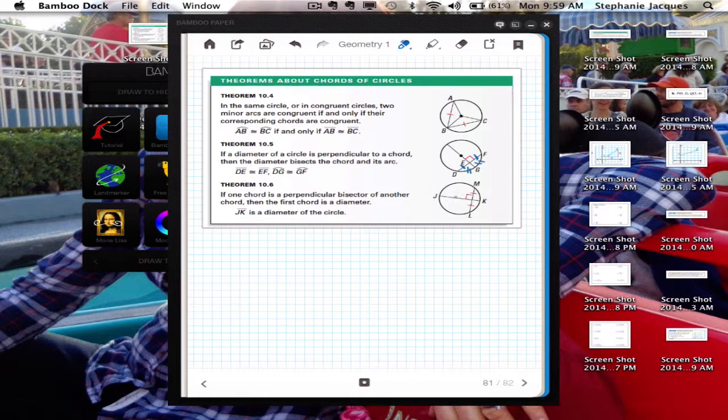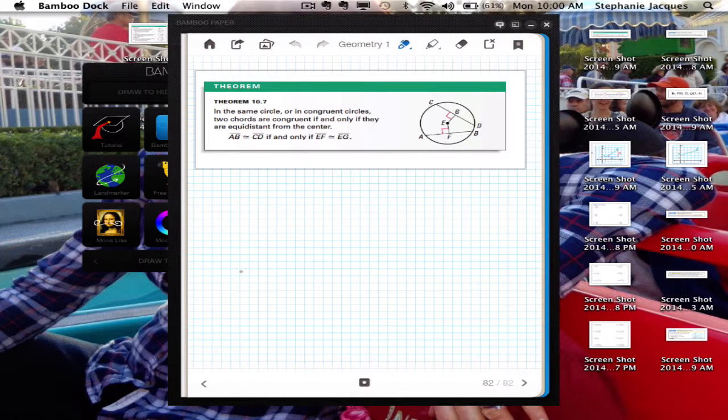So if this one is the bisector, this one is the diameter. It's kind of saying the opposite of what we have in theorem 10.5. If you do have a chord going across and a perpendicular bisector to it, you know this one must be the diameter.